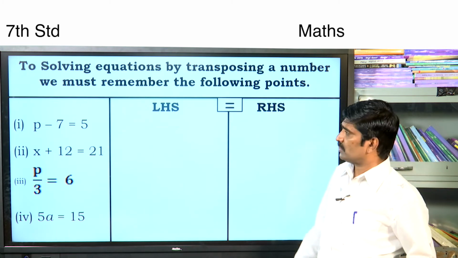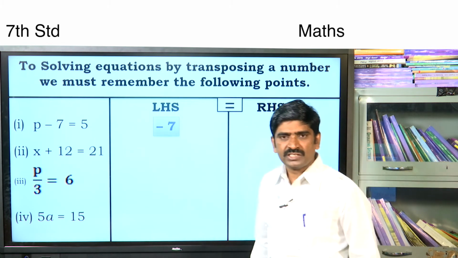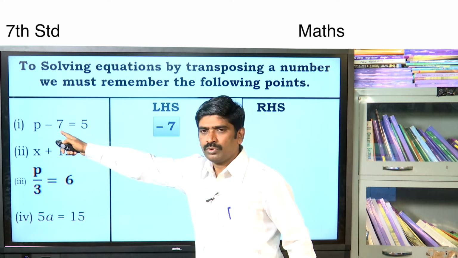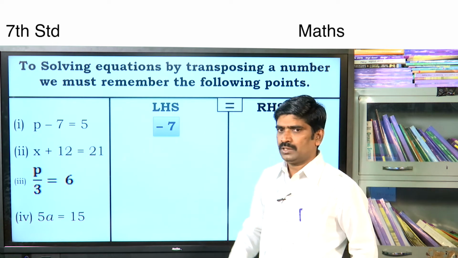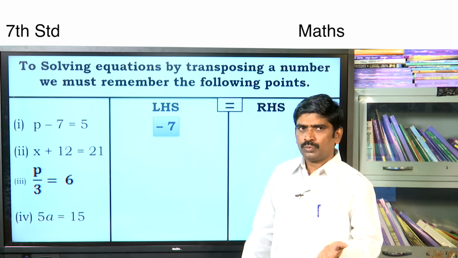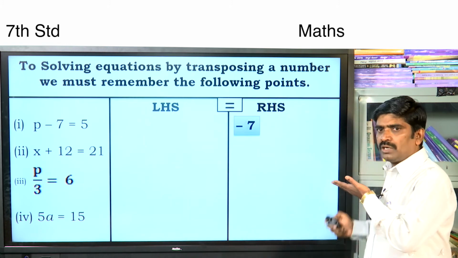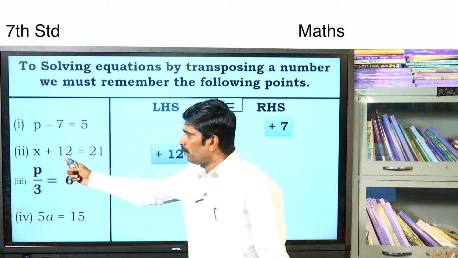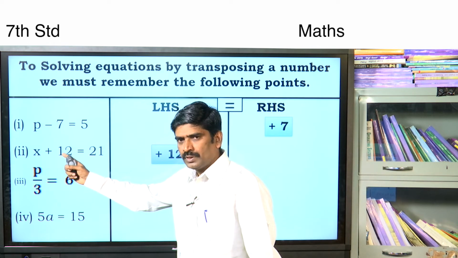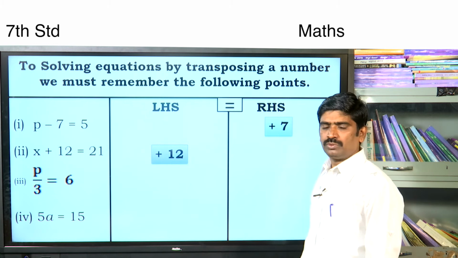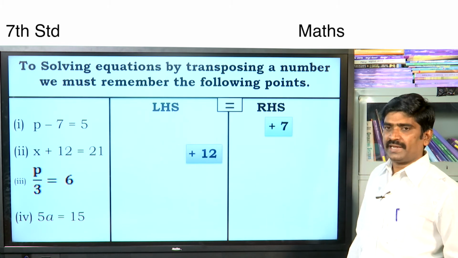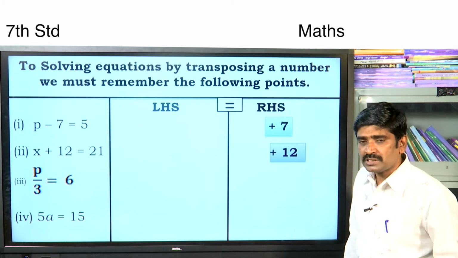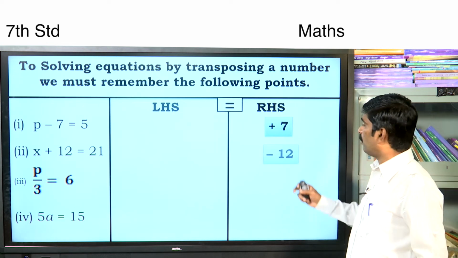In the first question, minus 7 is here. That minus 7, when it comes to the right side, converts to plus 7. Plus 12 is here. This LHS plus 12, when it comes to the right side, what happens? It converts to minus 12.